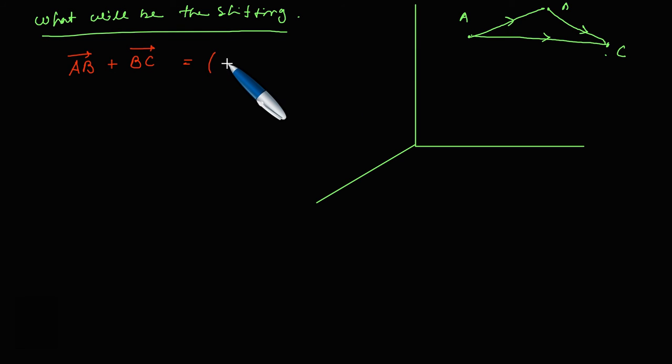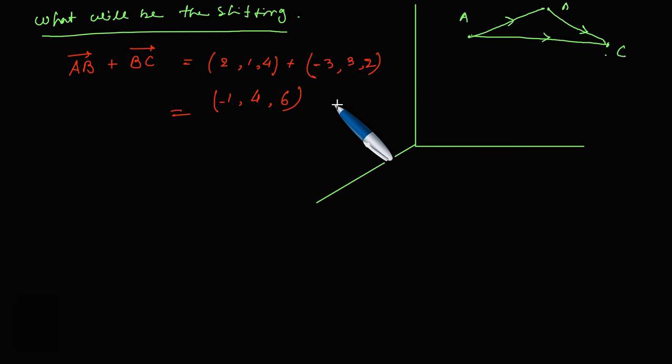I know AB, it is in your book. You can see it is 2, 1, 4 plus BC, which you have calculated also: minus 3, 3, and 2. So this addition, the same way, will give you minus 1, 4, and 6.